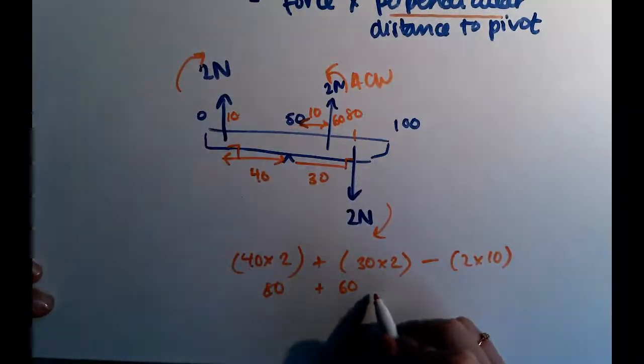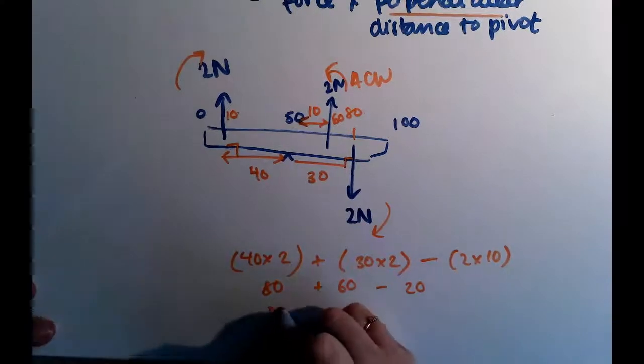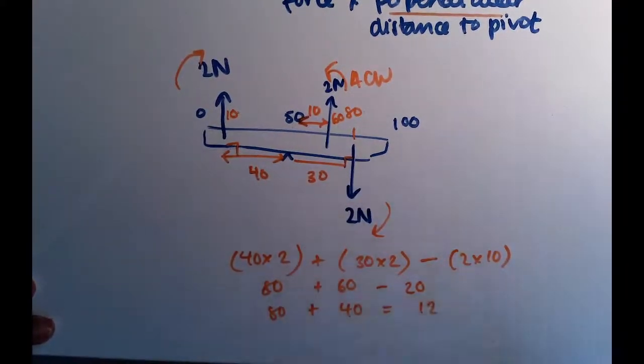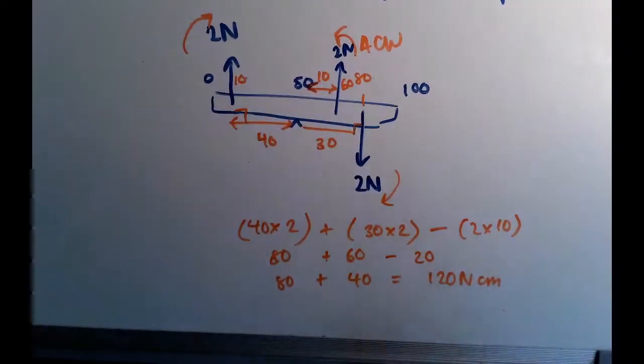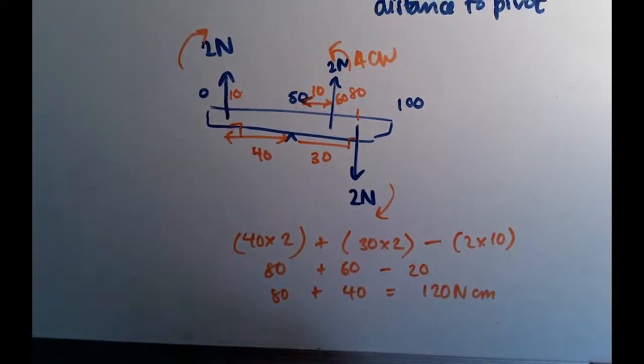Okay, and so I'm going to minus 20. So I'm actually doing 80 plus 40 now. Gives me 120 Newton centimetres. Okay, so you can have multiple moments. It doesn't just have to be 2, you just have to add all of the ones that are clockwise and minus all of the ones that are anti-clockwise.